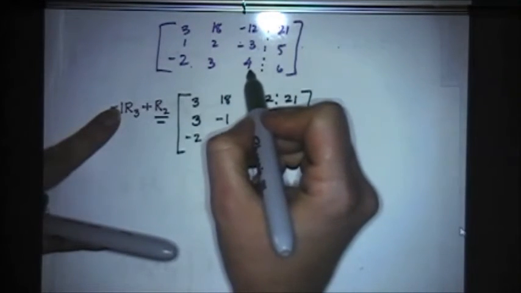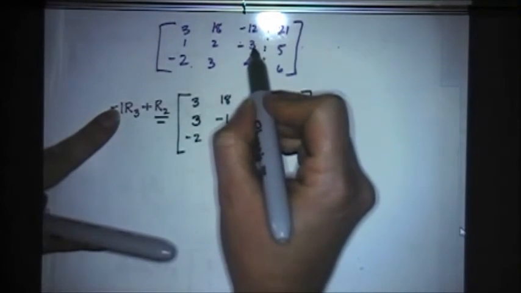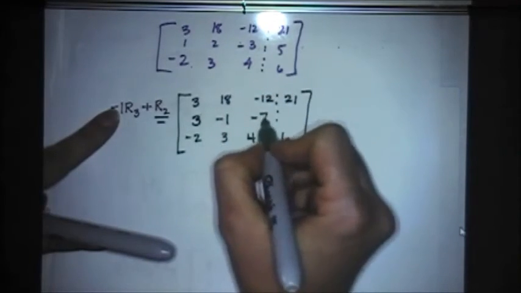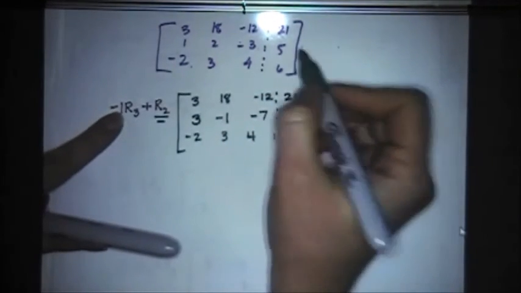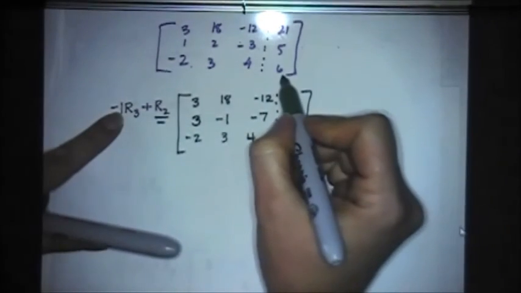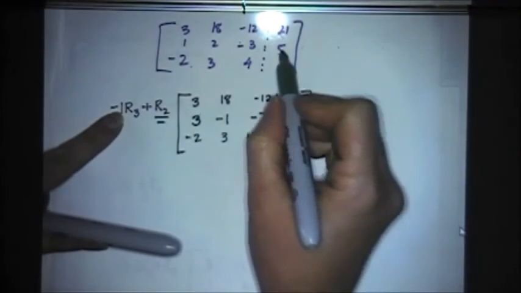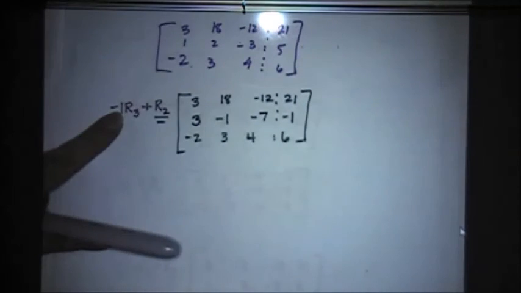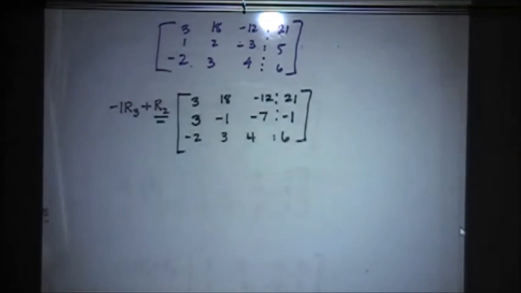Negative 1 times 4 is negative 4. Add that to negative 3, and you get negative 7. Negative 1 times 6 is negative 6. Add that to 5, and you get negative 1. So that's the last row operation that we discussed. On the next video, I'll explain why you need row operations.